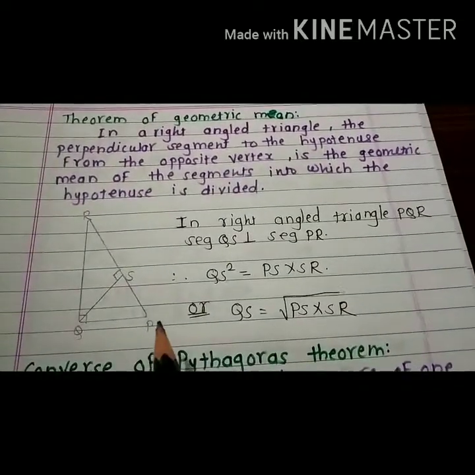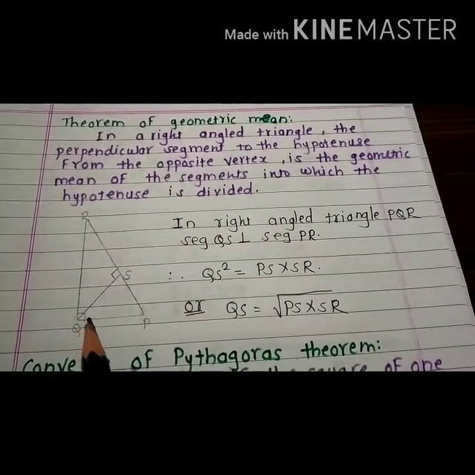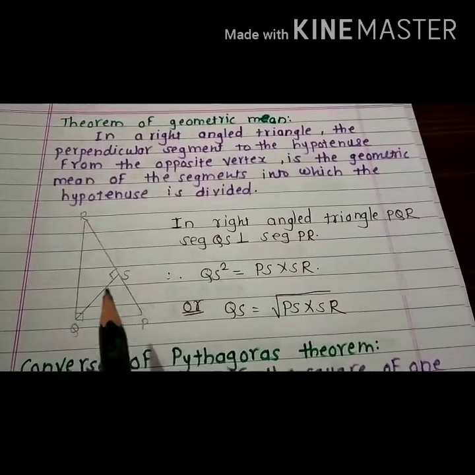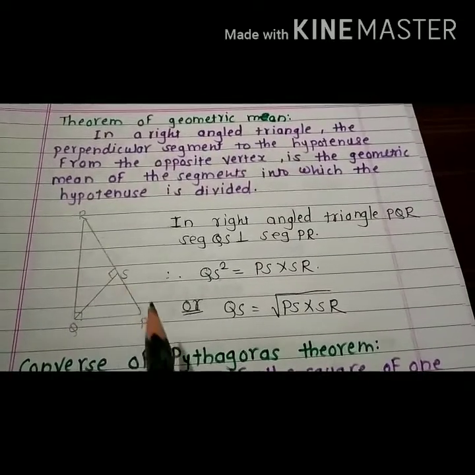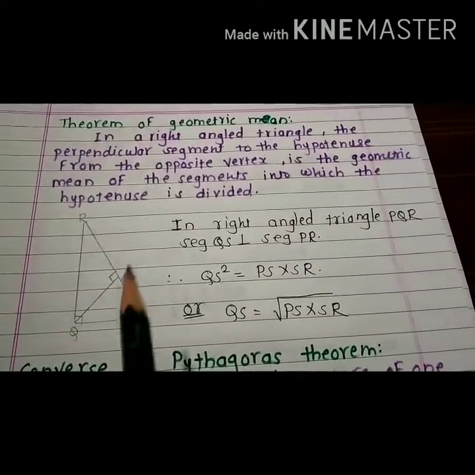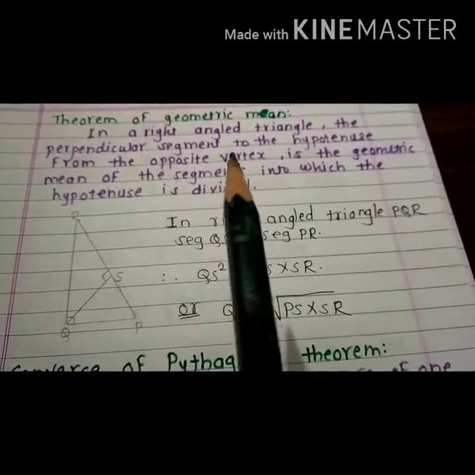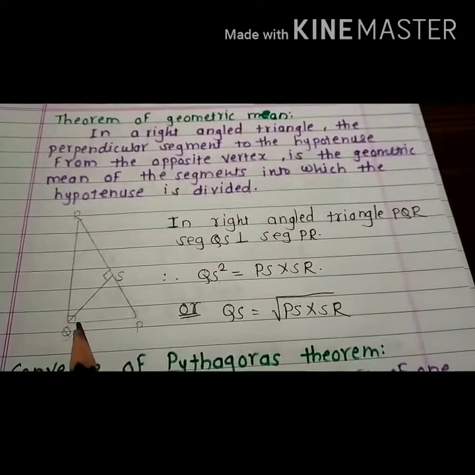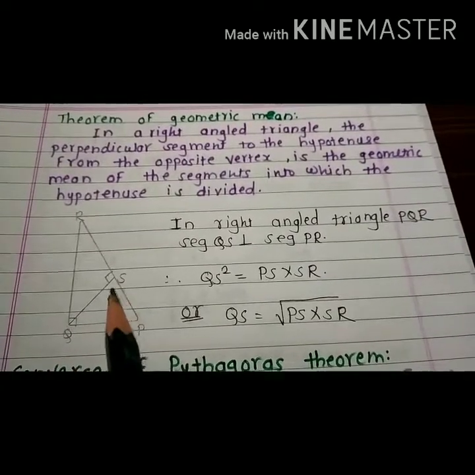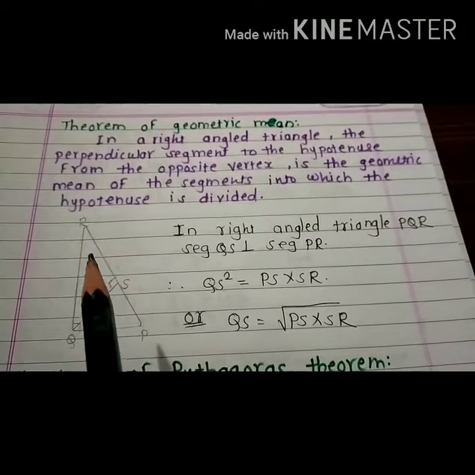Here in triangle PQR, angle Q is equal to 90 degrees. Segment QS is perpendicular to segment PR. Then what is here? The perpendicular segment to the hypotenuse, means QS, is the geometric mean of which segments?